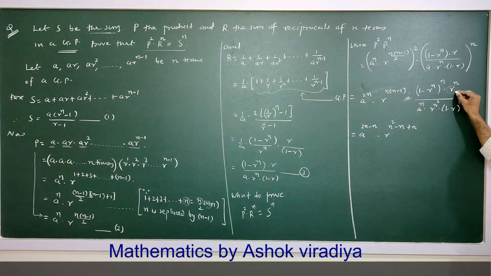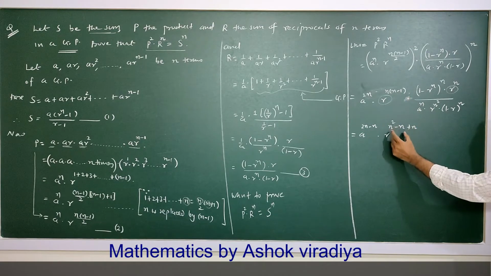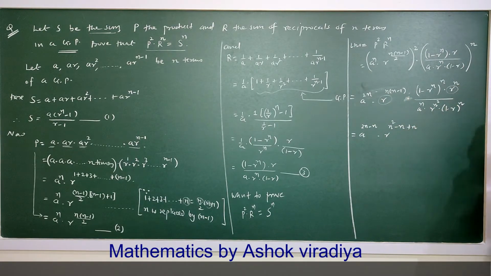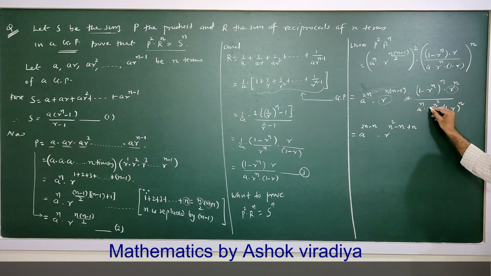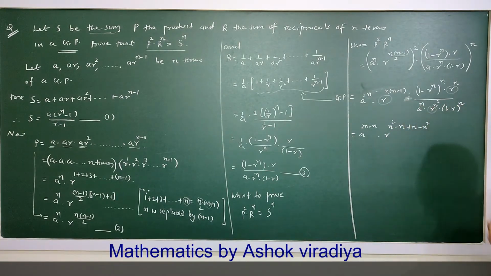See, bases are same, so we do the sum of indices: n square minus n plus n. One more in the denominator; here the power is n square, so we take it in the numerator, so minus n square. So these three numbers are connected, into (1 minus r raised to n) whole raised to n upon (1 minus r raised to n).